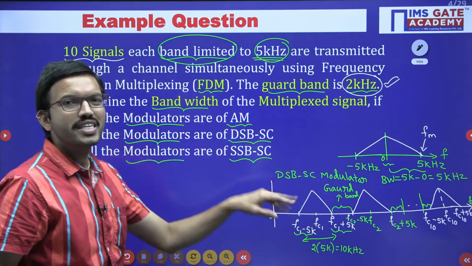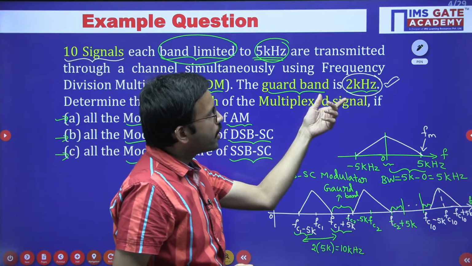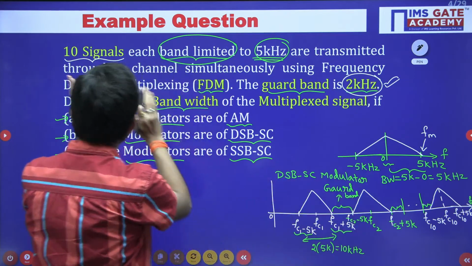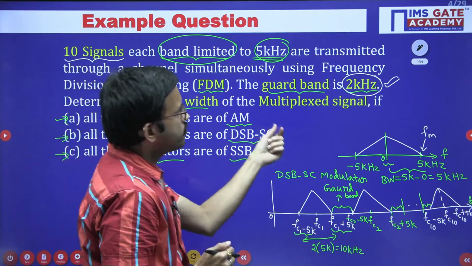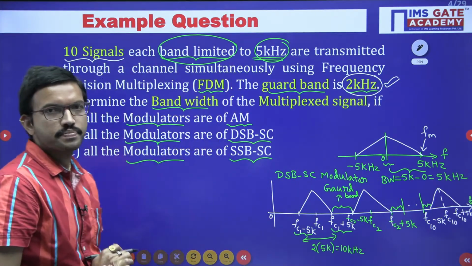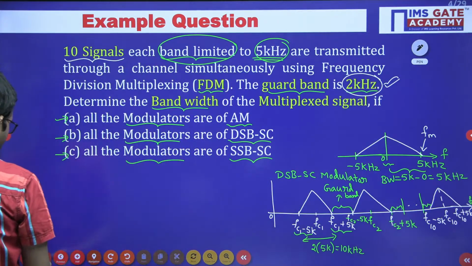Now all of you think and tell me, how many times do we have to consider the guard band? Overall, for transmitting 10 signals, do we require the guard band 9 times or 10 times?